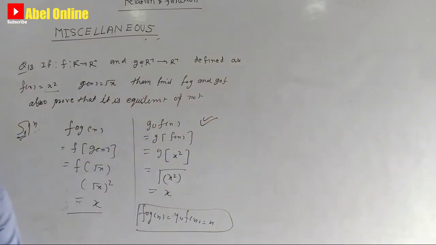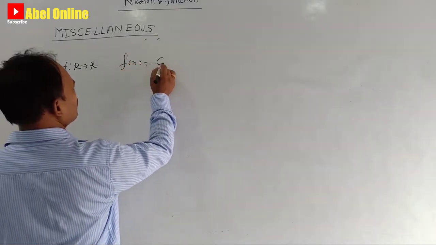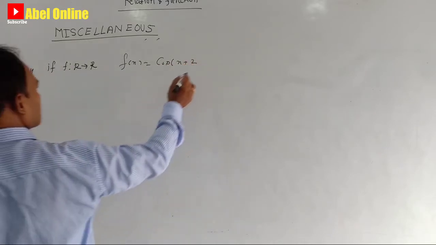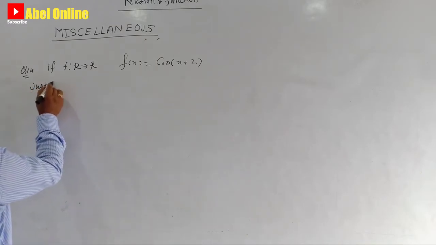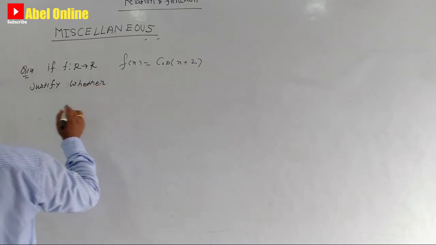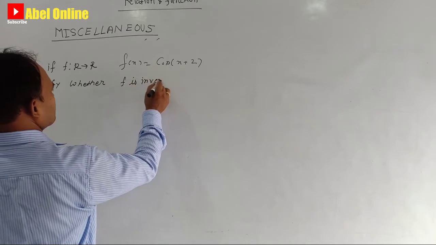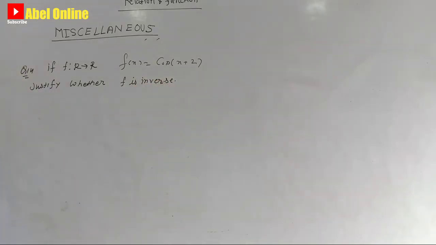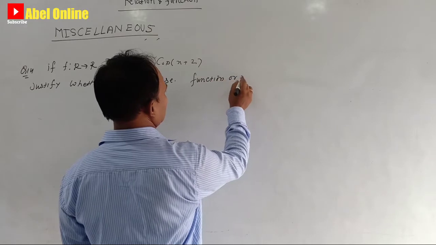Now question number 14. Question number 14 is: if f from R to R is defined by f(x) = cos x plus 2, justify whether f is an inverse function or not.